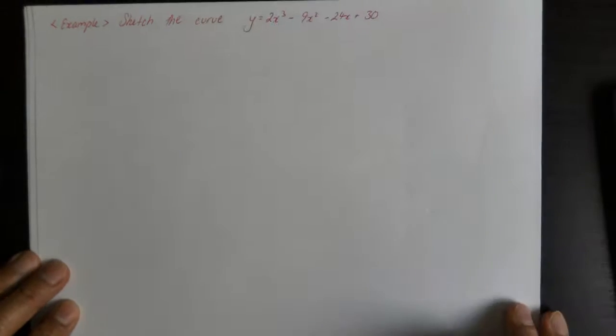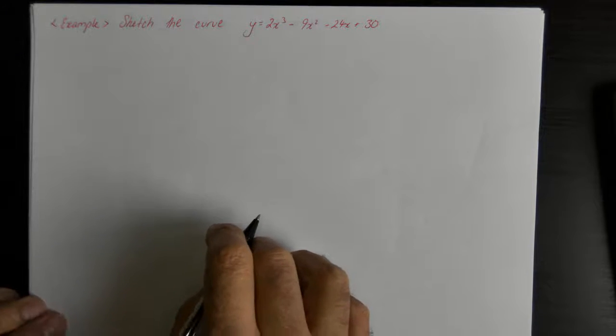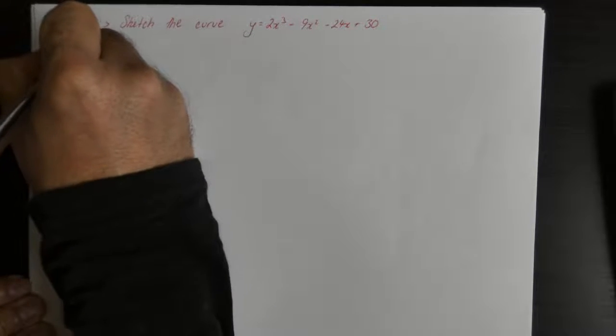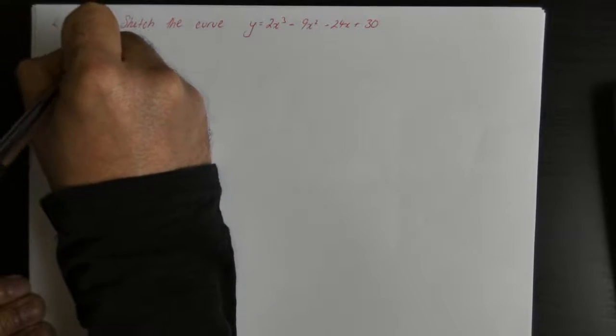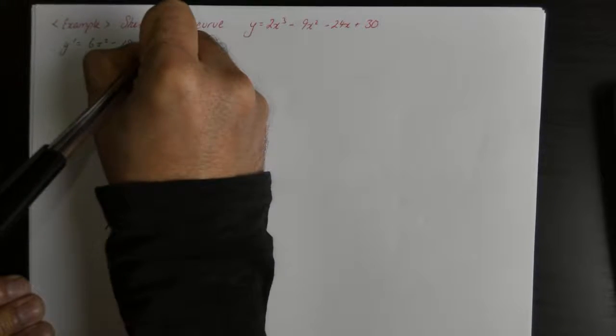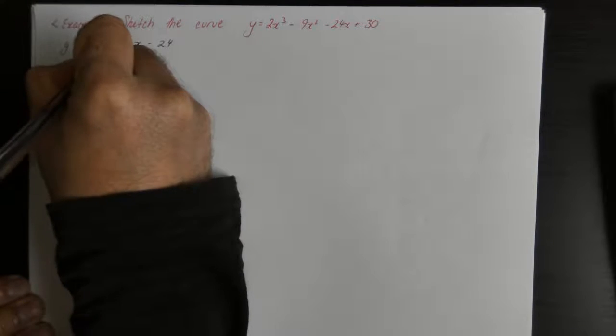Now what about if they get a bit more confusing, like sketch the curve y equals 2x cubed minus 9x squared minus 24x plus 3. Okay, so I'm going to differentiate it first, which I can then factor out the 6.